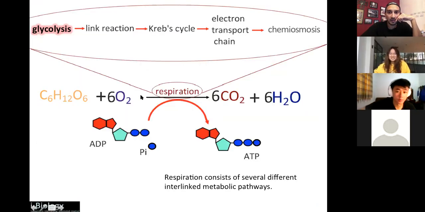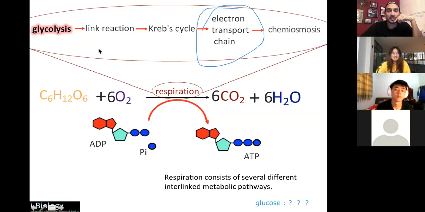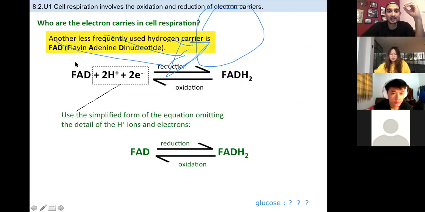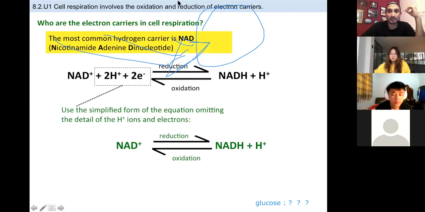The electron transport chain. So we're going to take electrons from here, and from here, and bring them to the electron transport chain. But the vehicle that we use to transport them are these electron carrier molecules.